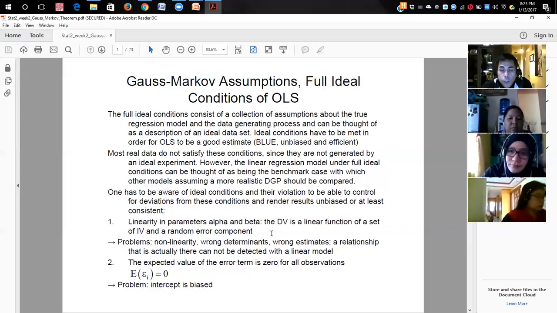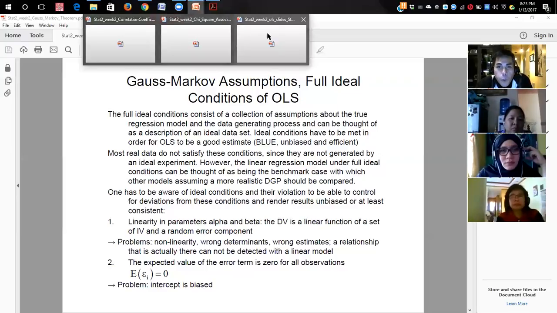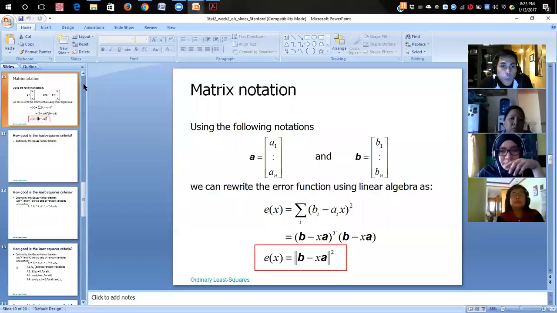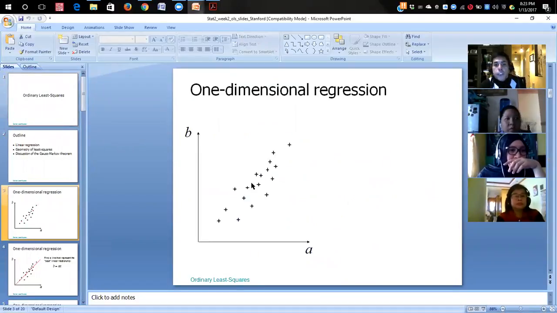And I want to know that my model, the assumption is that there is linearity in parameters of the alpha and beta, and that the dependent variable is a linear function of a set of independent variables and a random error component. So here, that is a very important definition when we look at this simple one-dimensional regression.